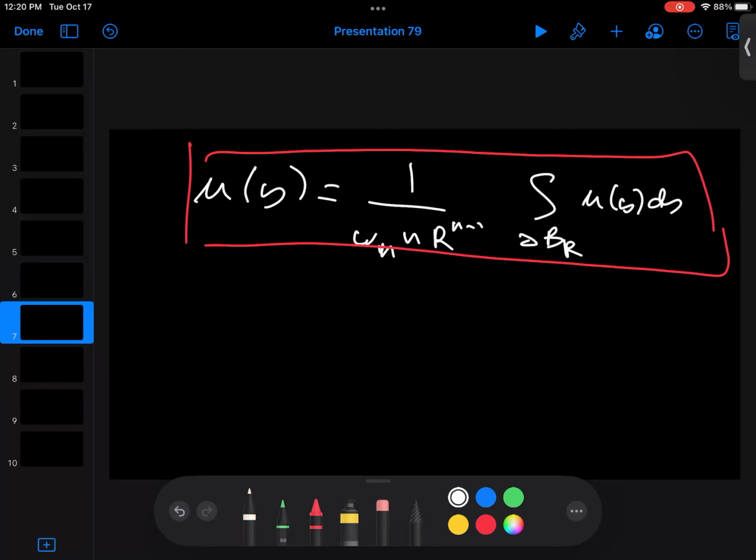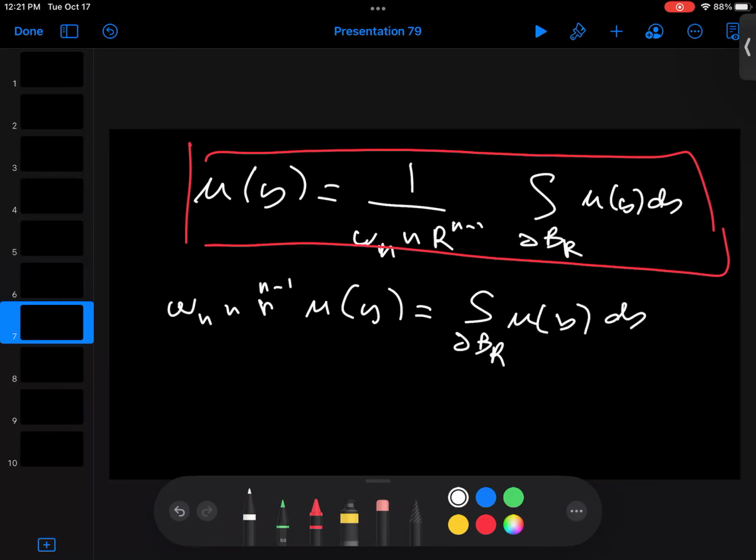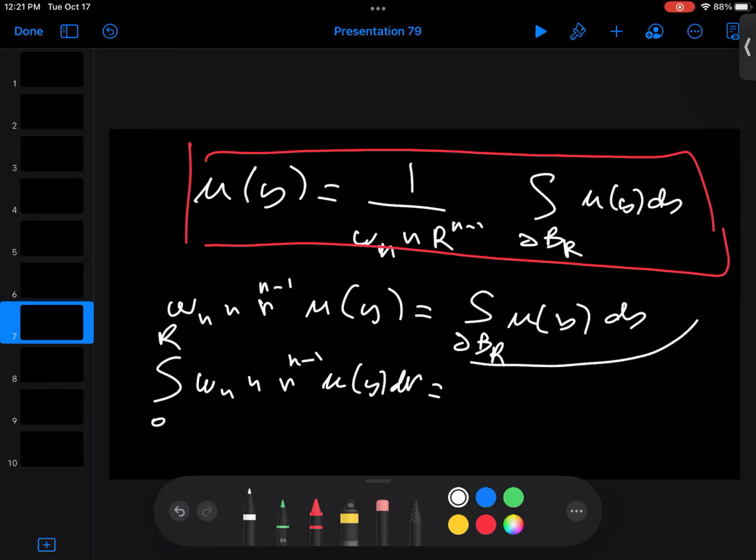To complete the proof, I'm just writing that omega n r n minus 1 u(y) equals the integral over the sphere of u ds, and I will integrate that between 0 and r with respect to r. So if I integrate that with respect to r, I get exactly the integral over the ball.